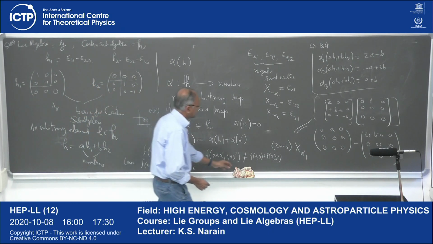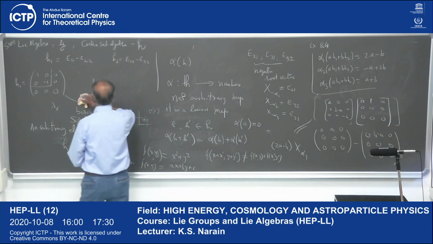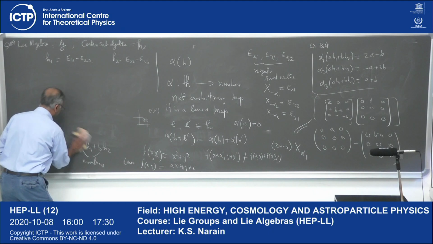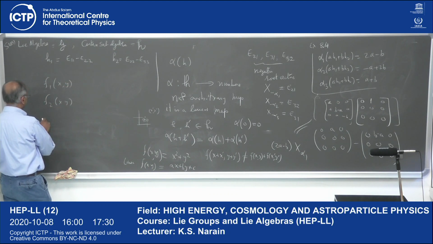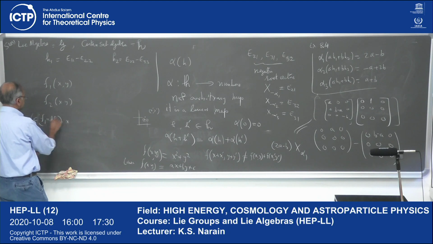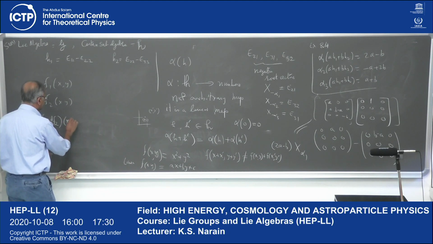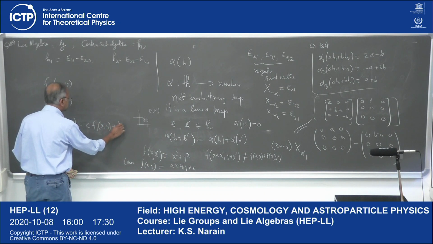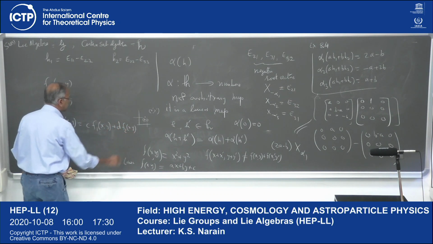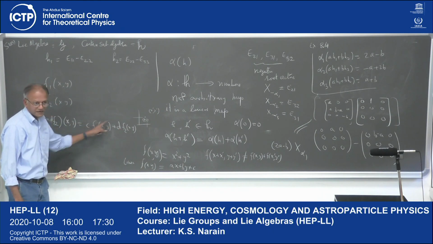This itself forms a vector space, because if I take two linear functions, say f1 of x, y and f2 of x, y, then I can talk about any number c times f1 plus any number d times f2, which is simply defined as c times f1 of x, y plus d times f2 of x, y. Since each is linear, the combination is also linear.